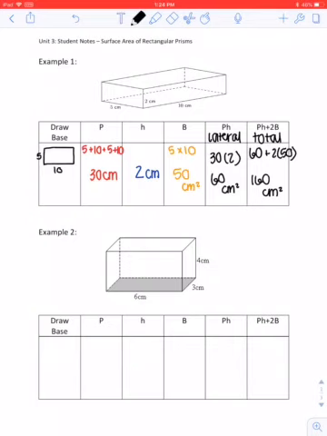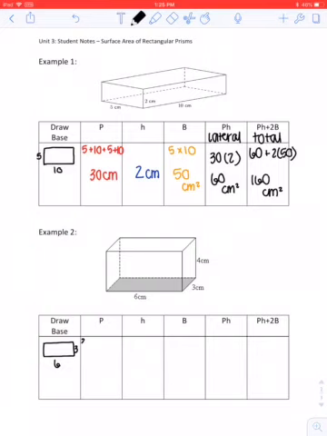If you want to try example 2 on your own, feel free to pause the video and then check back with me. But I'm going to go ahead and start doing example 2. You will have plenty of practice in class tomorrow if you just want to follow along with me. Alright, so we know our base is this bottom portion because it's shaded. It's another rectangle, and this time it's 6 by 3.